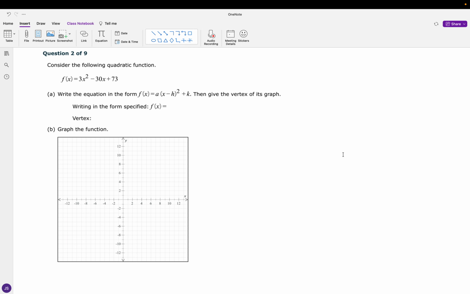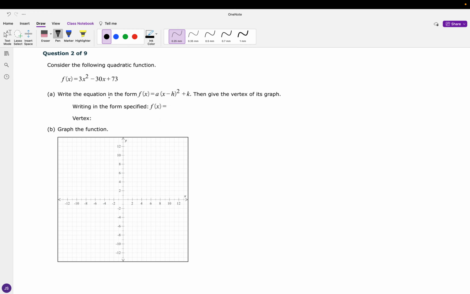For the second question, it says to consider the following quadratic function. This function is presented in standard form, and we're looking at translating it into vertex form, and we're to give the vertex of the graph.